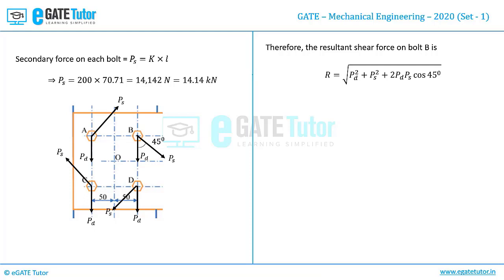We know PD is equal to 2.5 kilonewton and PS is equal to 14.14 kilonewton. Substituting the values and simplifying gives the resultant shear force on the bolt B as 16 kilonewtons.